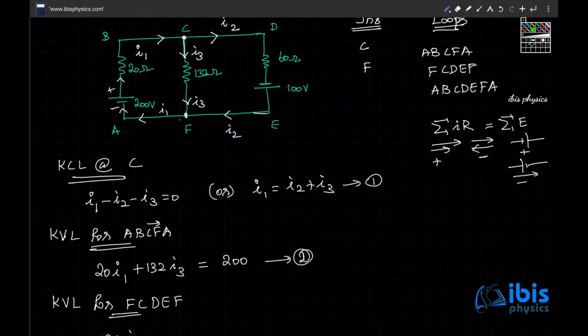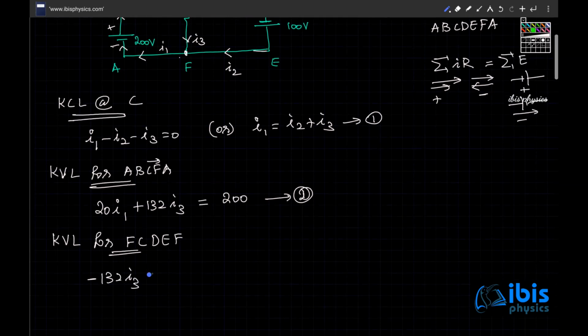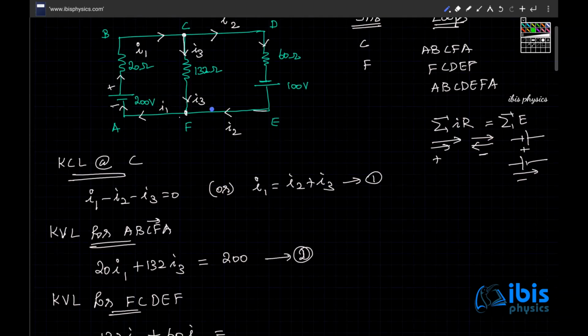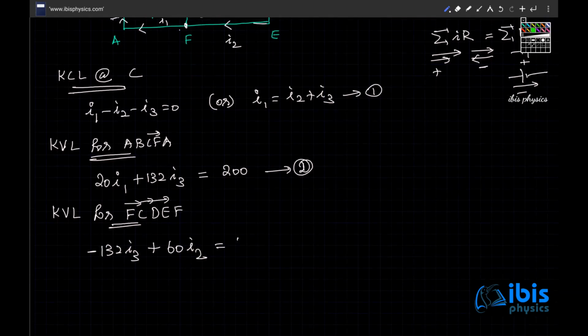D to E, the current I2 goes through 60, and the current is also from D to E, so it is plus 60 I2, equal to, there are no other resistors in this loop. When you go from D to E, you are going from negative to positive of the battery, so it is plus 100.